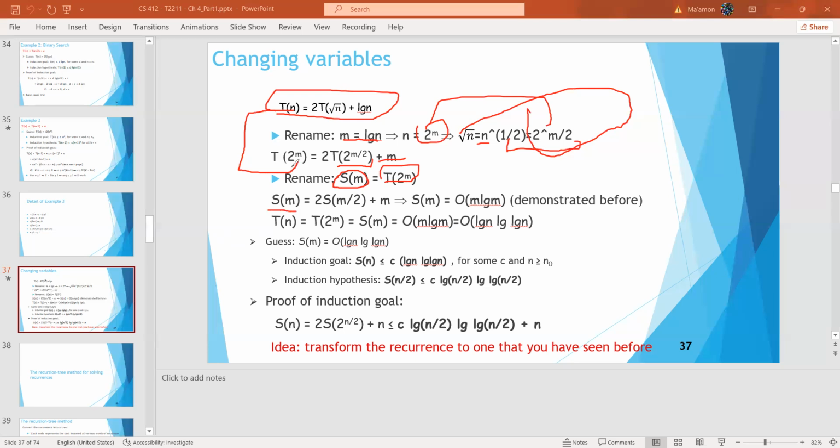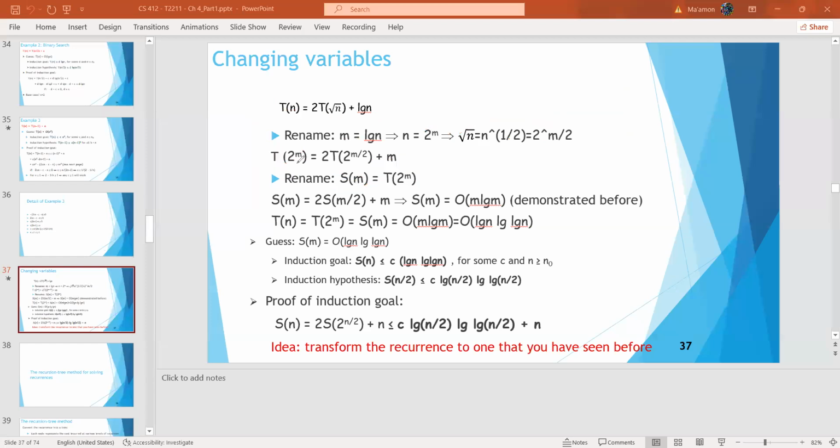This part is because of this assumption here. Really clear?